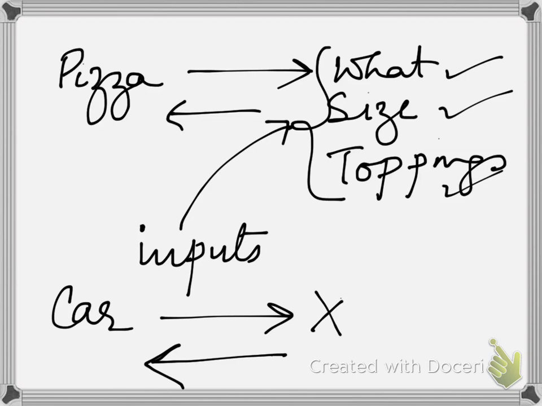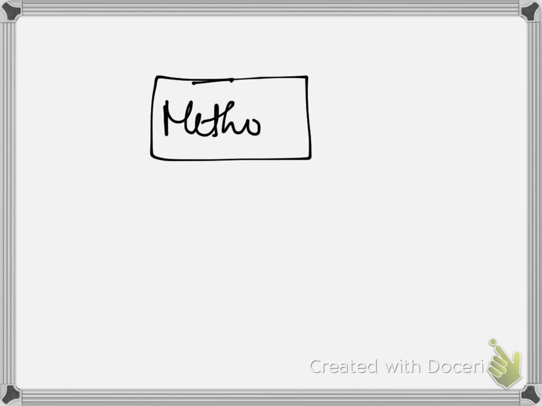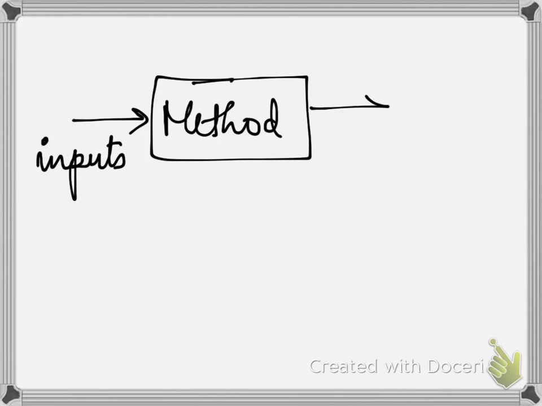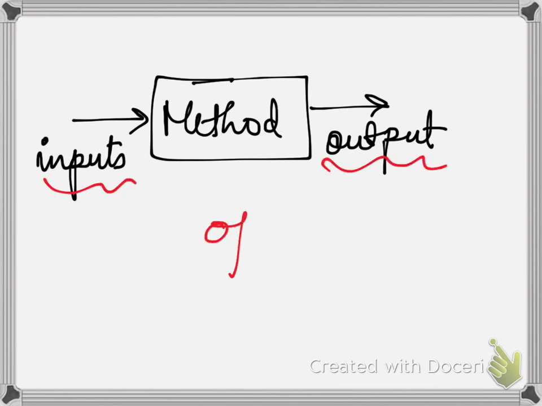Your methods are also like this. I can have a method, I may give some inputs to it, and I may get some output. Both of these are optional.